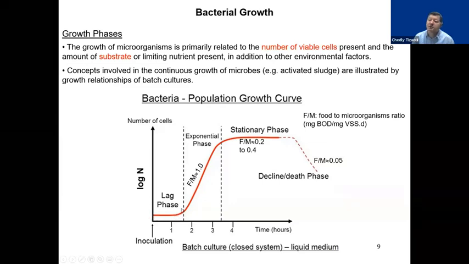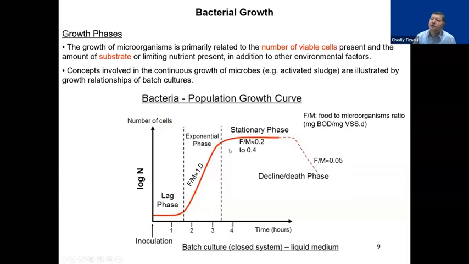And after a certain time, you can see the number of bacteria start to grow exponentially, and that's the exponential phase, where the food to microorganisms ratio is reasonably high, about 1. That means you have sufficient food for the microorganisms to grow, and they grow exponentially up to a certain point where the ratio between the food and the microorganisms gets lower, because the microorganisms consumed the food and kept producing more microorganisms.